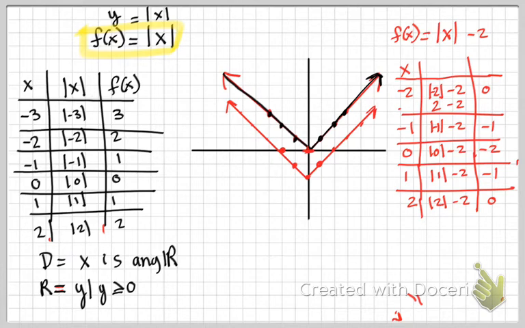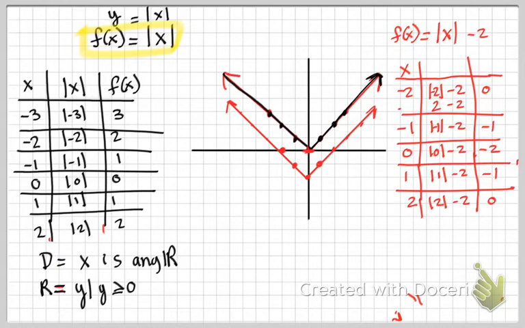We know it makes a V because of the absolute value. But now notice, it dropped down 2 units because it says minus 2. So that minus 2 on the new function has dropped the vertex down 2 units. It's shifted it vertically down 2 units.